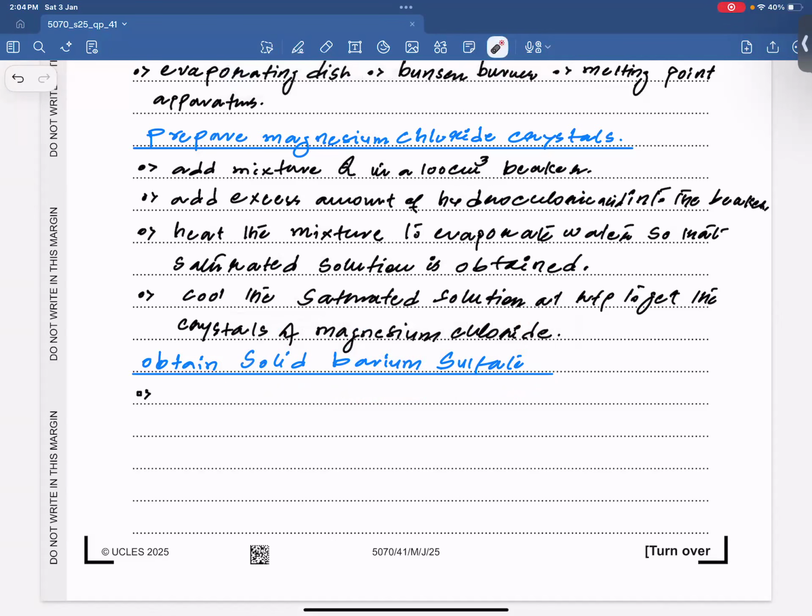In this scenario, when we add an excess amount of hydrochloric acid into the beaker, obviously the reaction takes place, and because of that reaction, barium sulfate, since it cannot react with hydrochloric acid, will be collected on the filter paper.